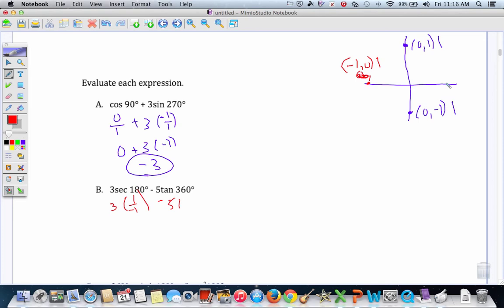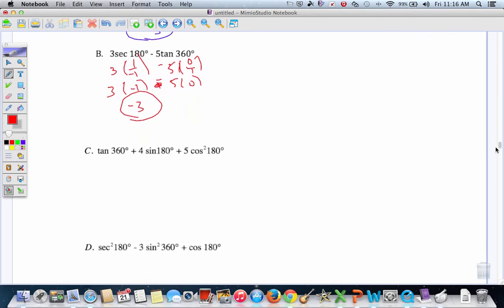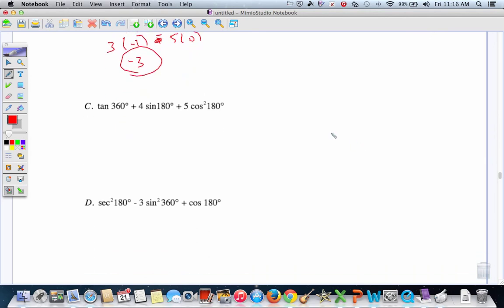Secant is r over x, so it's 3 times 1 over negative 1, minus, we'll go to 360. 360 takes us all the way around to here, so I have 1 and 0, gives me an r value of 1. Tangent is y over x, so it's 0 over 1. 3 times negative 1 minus 5 times 0, negative 3 minus 0, or we just have another value here of negative 3.